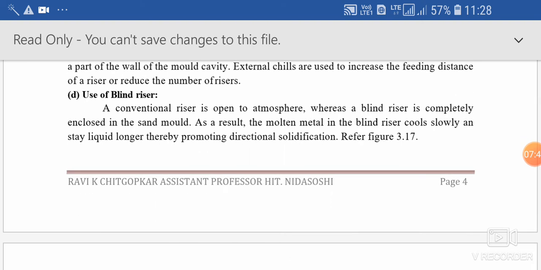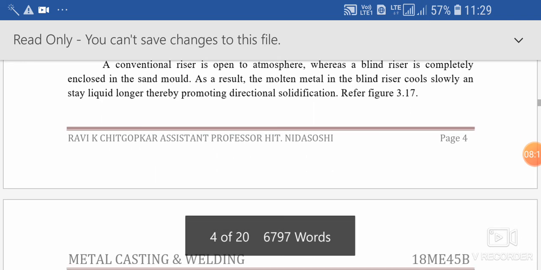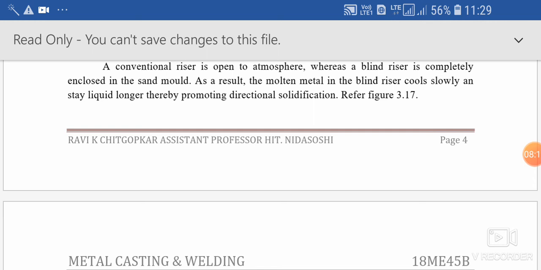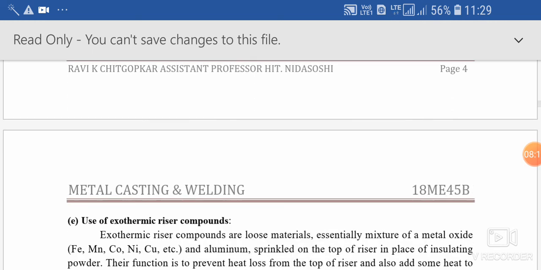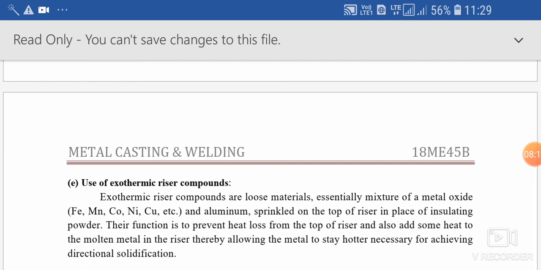As a result, the molten metal in the blind riser cools slowly and stays liquid longer, thereby promoting directional solidification.